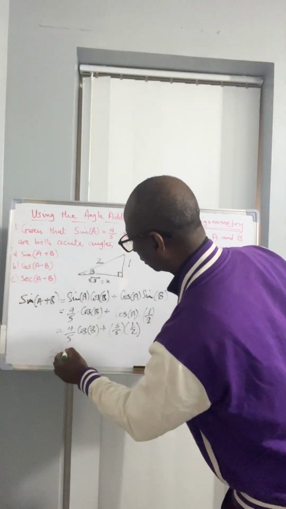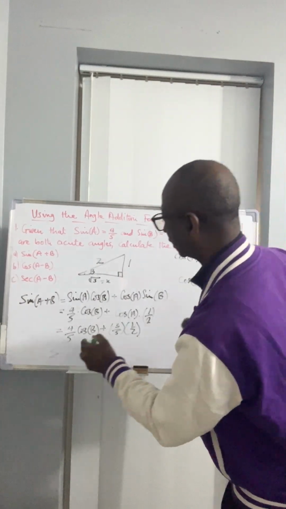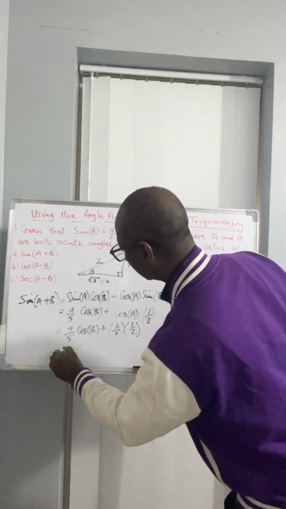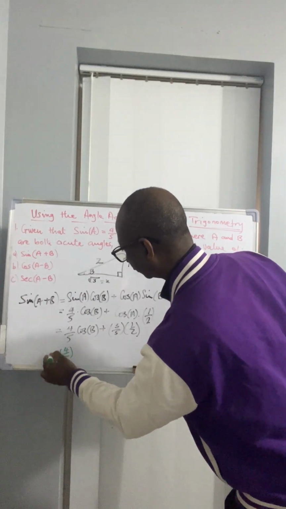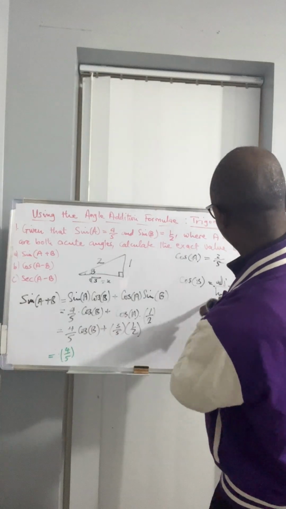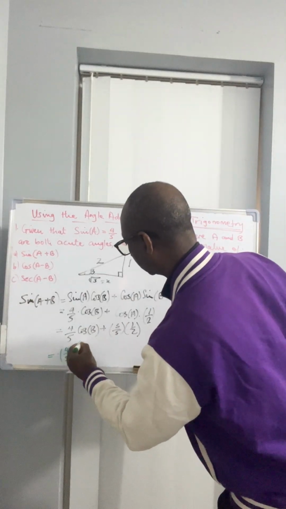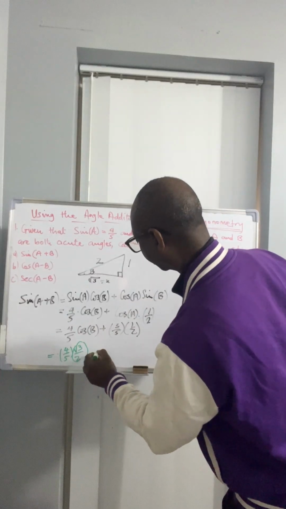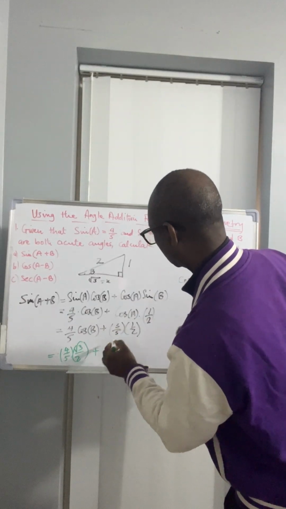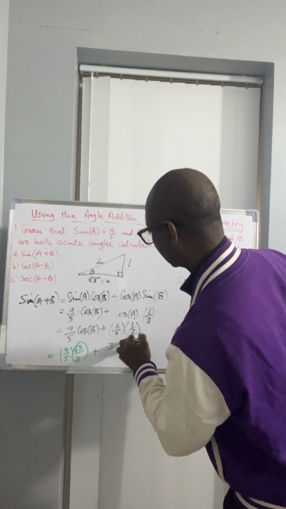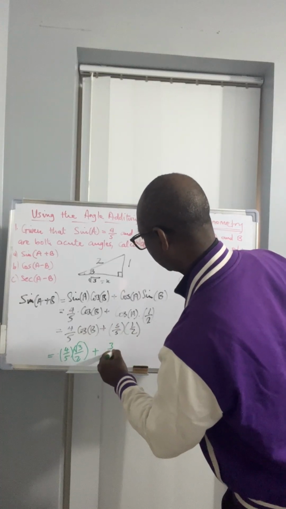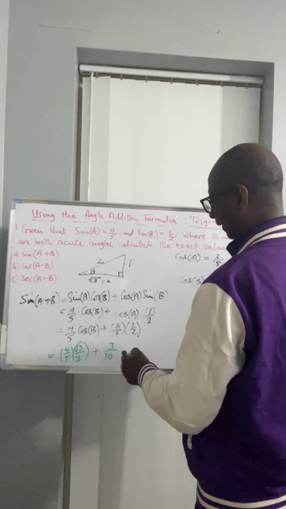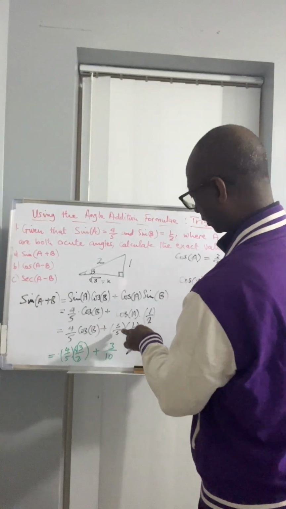So now we know what cos B is. We now have here 4 all over 5 multiplied by cos B, and cos B is root 3 all over 2, plus 3 times 1 is 3, 5 times 2 is 10, so 3 all over 10.